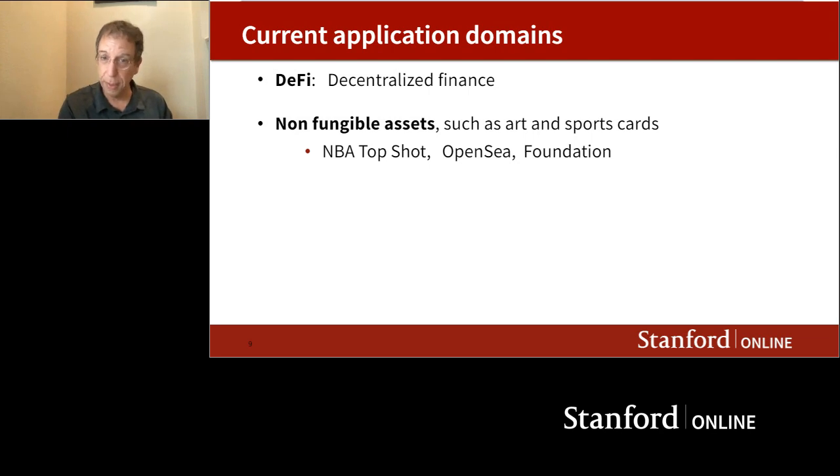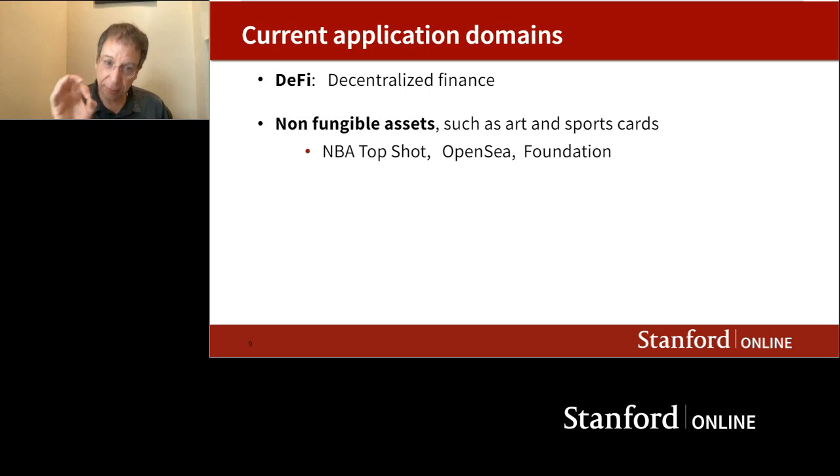One of them is what are called NFTs, or non-fungible assets. So things like art, sports cards, things like that. There are services like NBA Top Shot, where you can buy or own videos of your favorite athletes, OpenSea, where you can buy art, Foundation, where you can buy art, and so on.